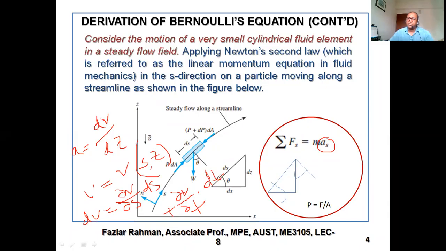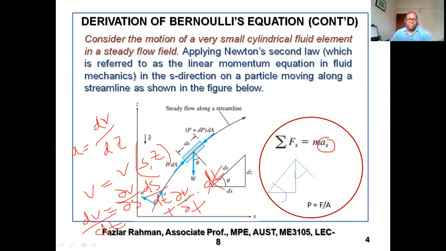Now, on both sides, you divide by dt, then this dt will be out. So you get dv by dt, and right over here you will get ds by dt.